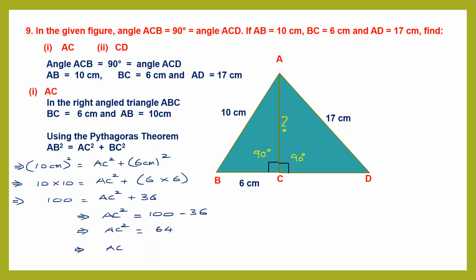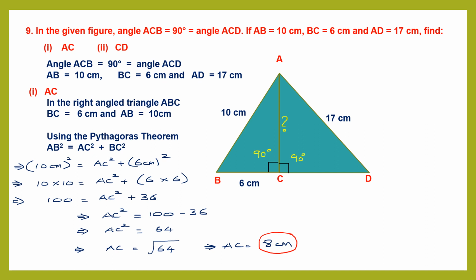To find AC alone, we have to find the square root of 64. Now, which number multiplied twice will give you 64? 8, isn't it? So the square root of 64 is 8. That means AC is equal to 8 centimeters. So we have found the answer. AC is equal to 8 centimeters.